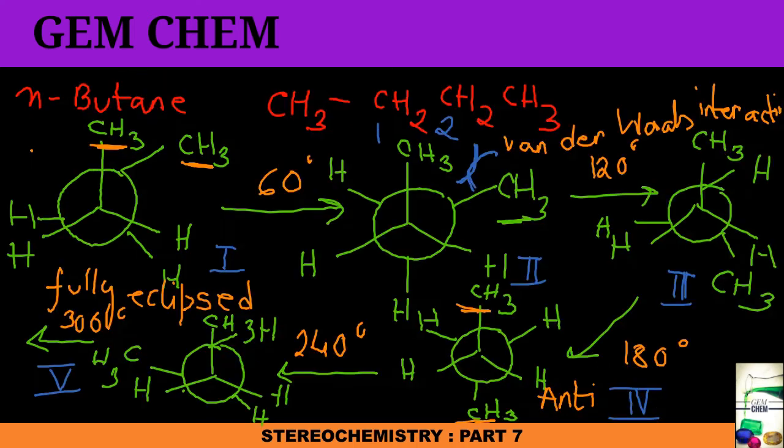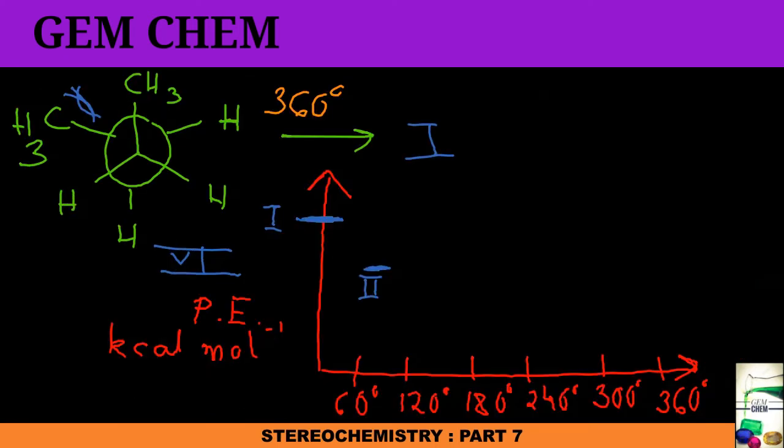If you see the partially eclipsed conformation, there is also repulsion between the CH3 and H. So this is partial repulsion. That will also increase the energy since it is an eclipsed conformation, but not as high as we have seen for 1. So it will come in between 1 and 2.